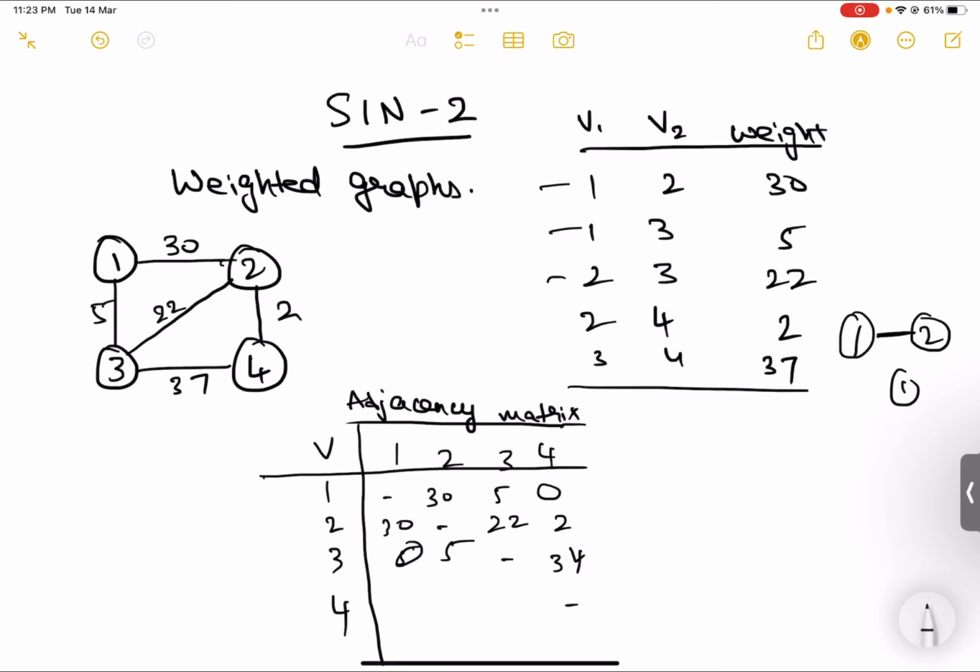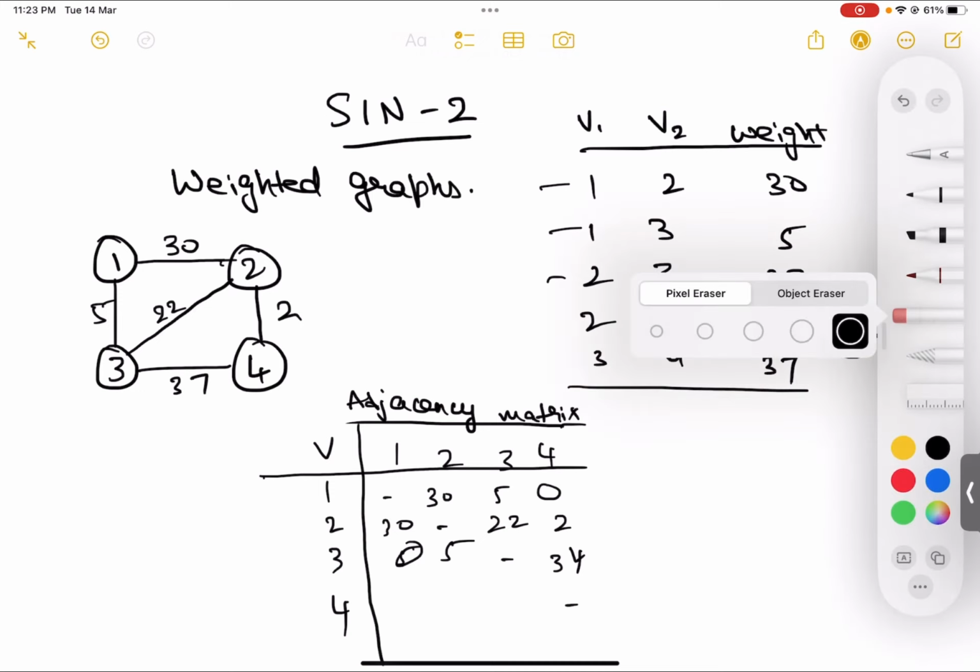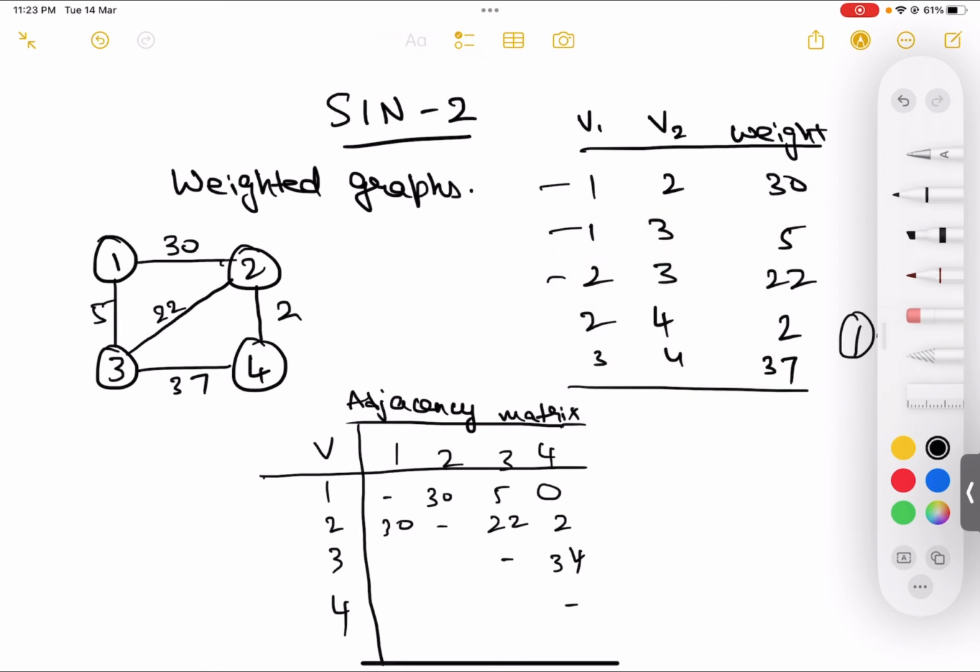Since we know that it is going to be symmetrical, we just write down the values from the first half of the adjacency matrix. This is how you make the adjacency matrix for a weighted graph.